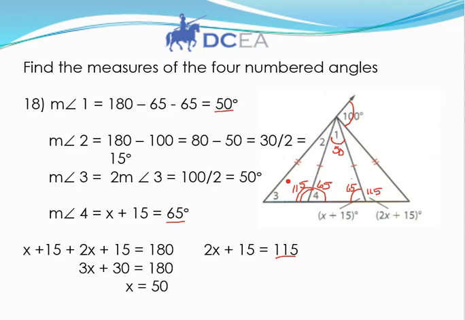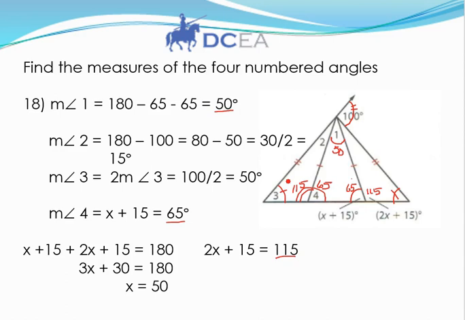Okay, now we're going to take a look at the measure of angle 3. The measure of angle 3 is an angle that's part of a larger isosceles triangle, and these two angles are congruent to each other. We know that we have supplementary angles here, so I went ahead and filled in what the measure of this angle is. But we have up here an exterior angle, and this angle is 100 degrees, and it's exterior to this larger isosceles triangle.